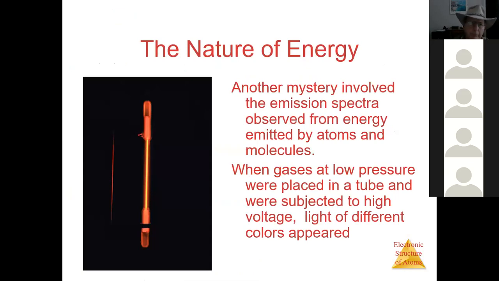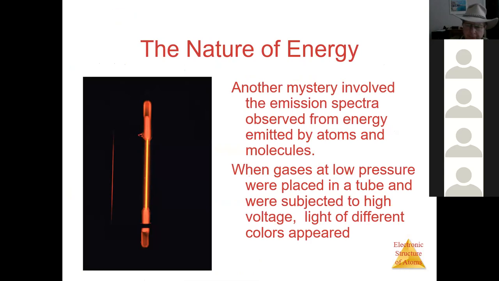Now, there's another phenomenon that gets noticed. And that is when you put a gas at low pressure and you subject it to a high voltage, what happens is it gives you different colors of different wavelengths of light.